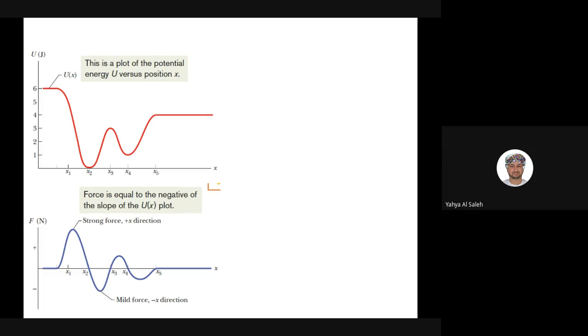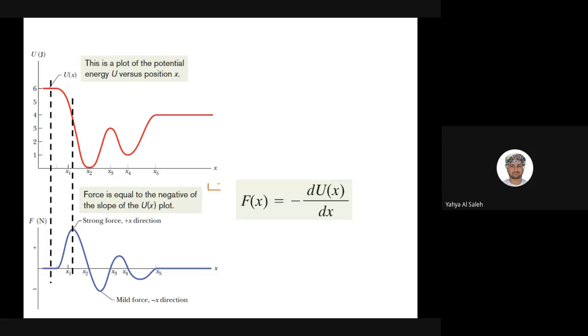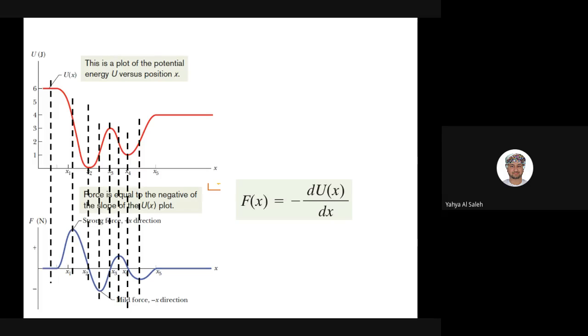So right about here, my potential is maximum, the slope is 0, so my force is 0. About here, I have a very strong slope, so I have a very positive force. Here, my slope is again 0, so my force is 0, and so on and so forth.